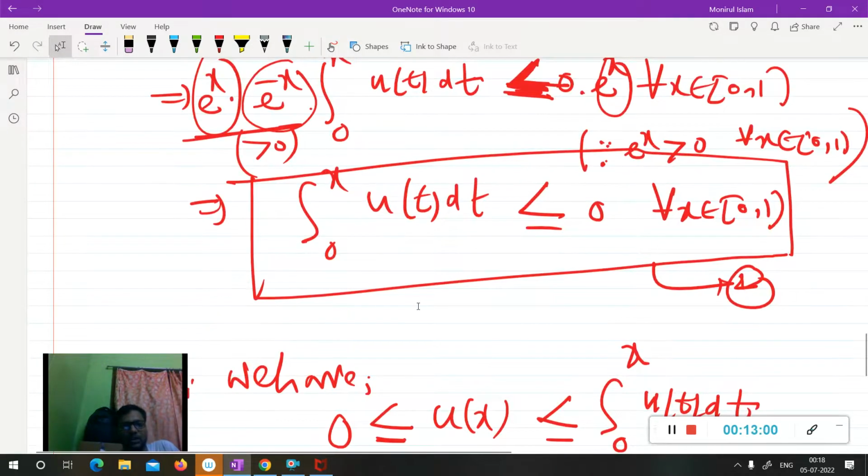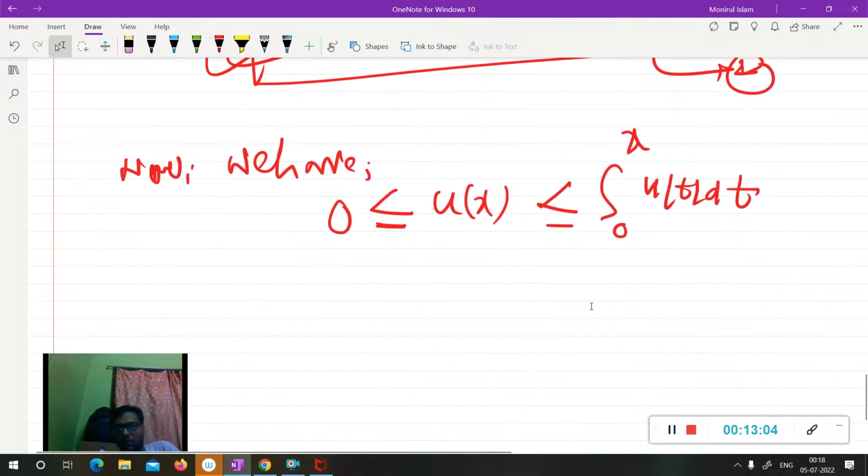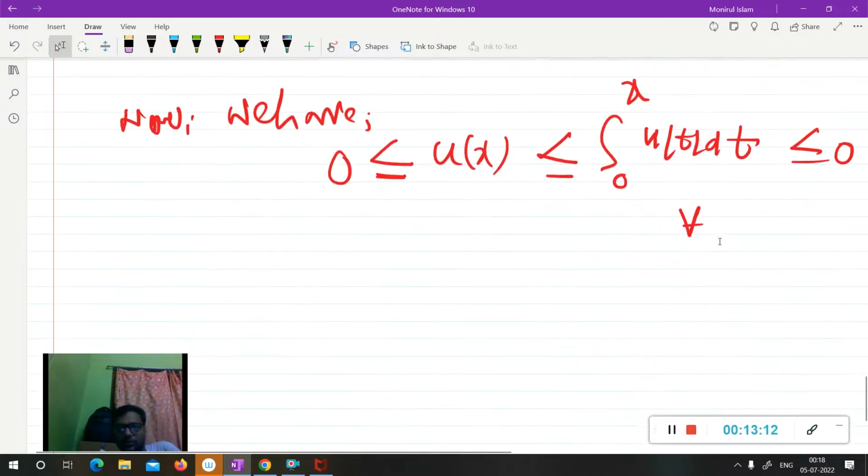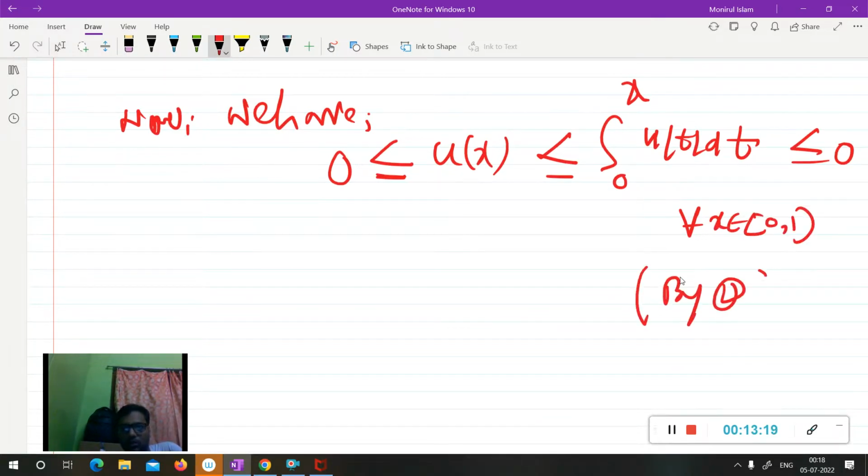But I have proved that the integral from 0 to x of u(t) dt is less than or equal to 0, and it will be true for all x belongs to [0, 1].